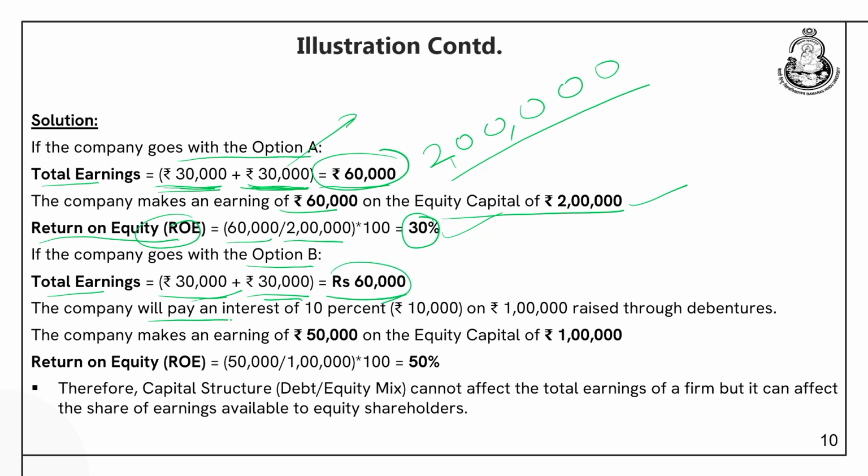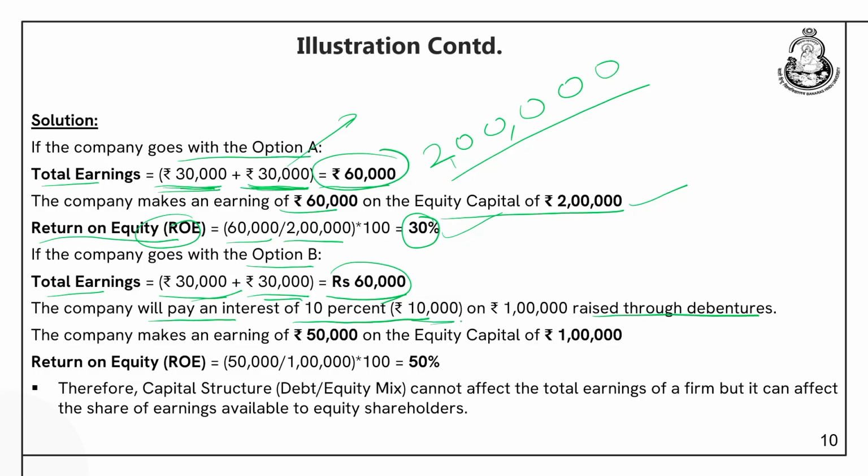The company will pay an interest of 10%, that is 10,000, on 1 lakh, because it has raised through debentures. Obviously, when you raise money through debentures, you have to pay a fixed rate of interest, and we know the fixed rate of interest was taken as 10%. So, the company pays 10,000, which we first need to take out from the total earnings.